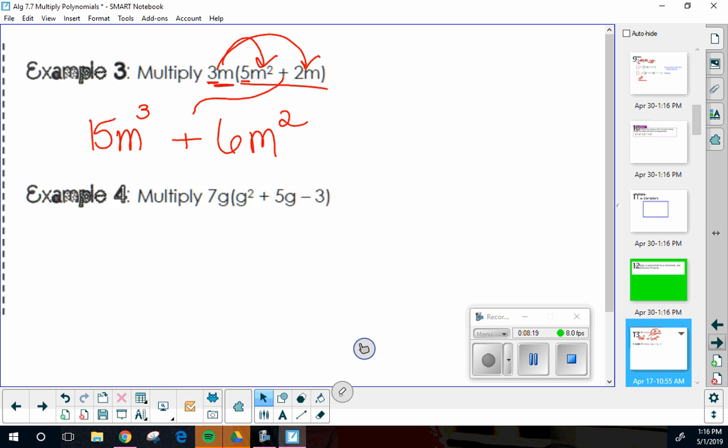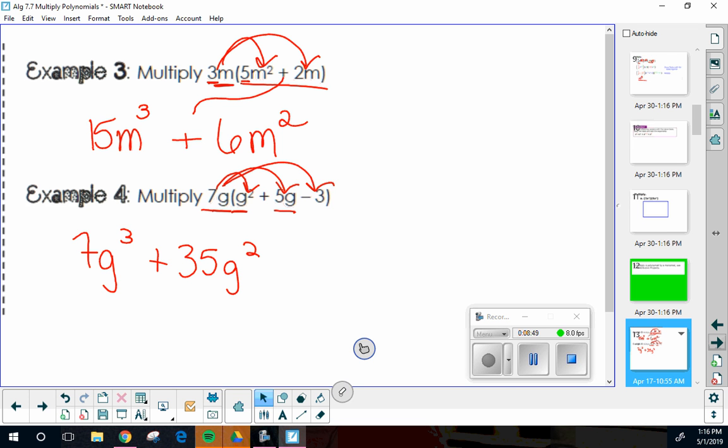All right, let's go to example 4. We're going to, again, distribute. And I think it's a good idea to draw arrows so you don't forget. So this is going to be 7g times g squared is going to be 7g what? Cubed. Yep. And then 7g times 5g is going to be 35g squared.